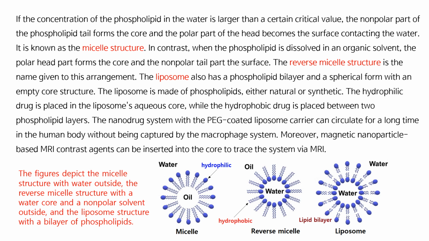If the concentration of the phospholipid in the water is larger than a certain critical value, the nonpolar part of the phospholipid tail forms the core, and the polar part of the head becomes the surface containing the water. So in this structure, it is known as the micelle structure.